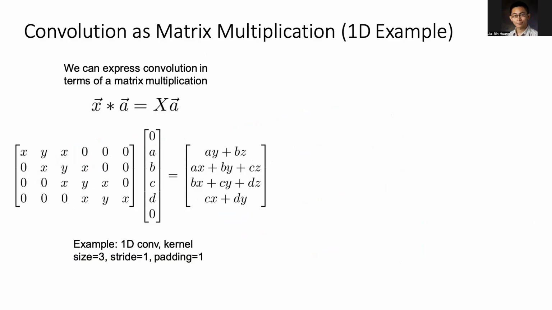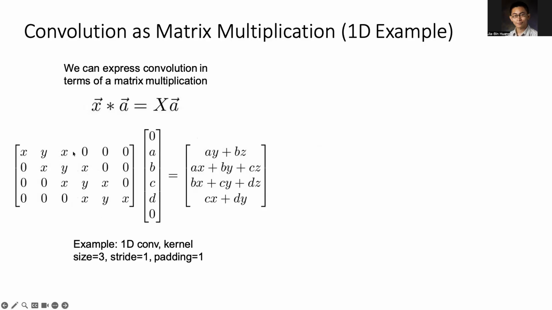The reason why it's called transpose convolution is that you can express the convolution as a matrix vector multiplication. Imagine that you have a filter like this, which is actually doing a convolution, and the matrix looks like this.